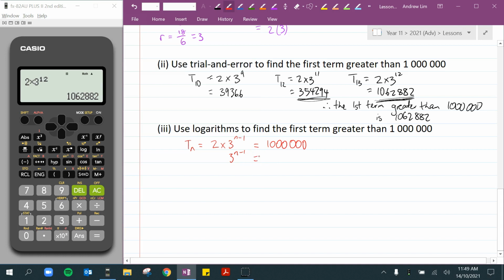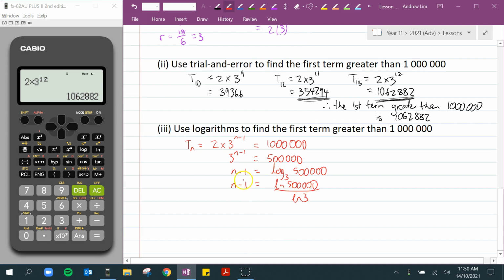So now we've got 2 times 3 to the n minus 1. I'm going to divide both sides by 2. That gives me 500,000. And now I'm going to take my logs. So n minus 1 is equal to log base 3 of 500,000. And I'm going to use the change of base law here. So n minus 1 is equal to ln of 500,000 divided by ln of 3.